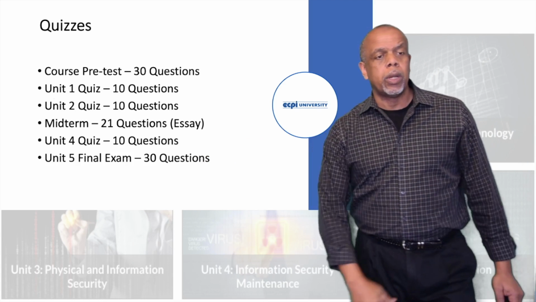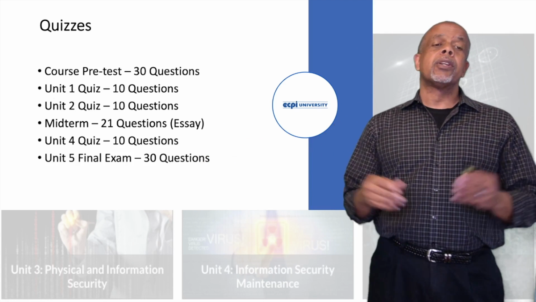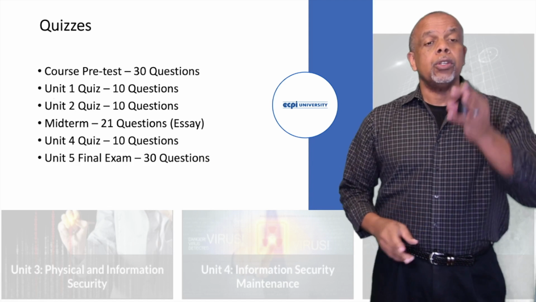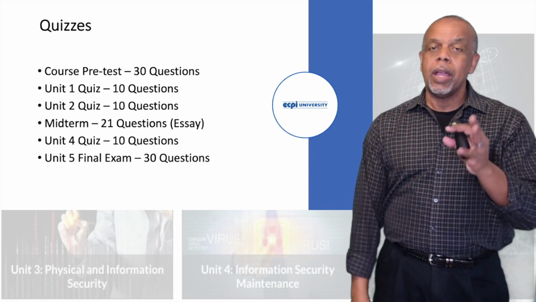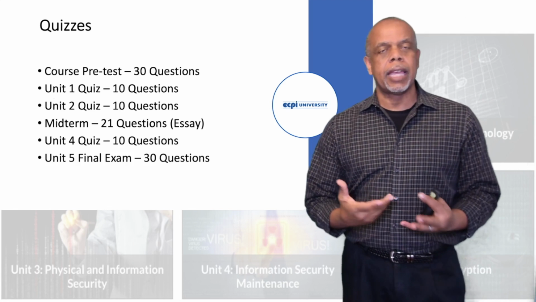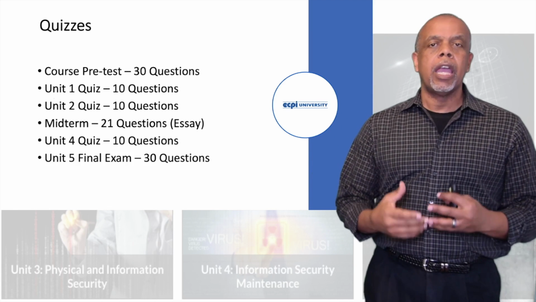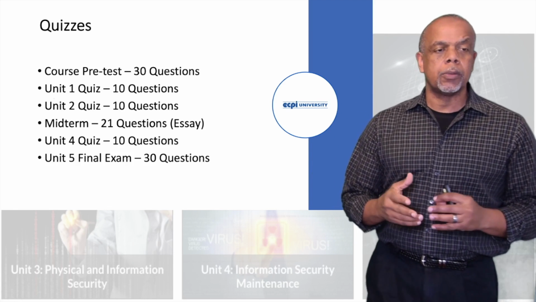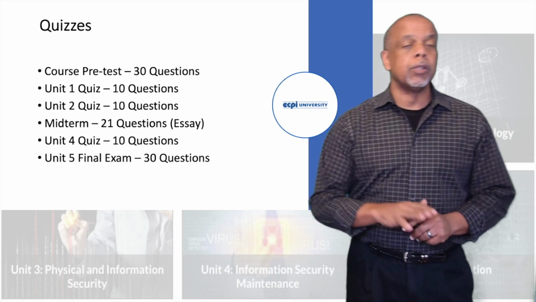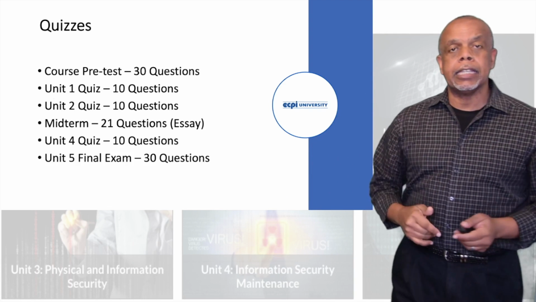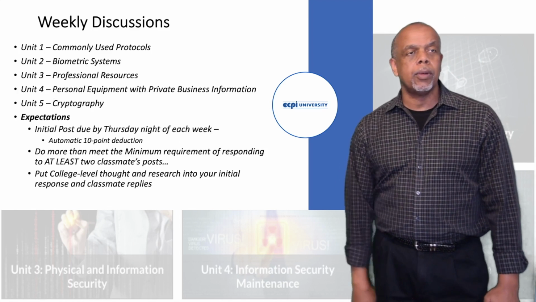Midterm, there's a 21-question midterm, and a lot of that midterm is essay. I know you hate writing essays. I hate grading essays, but it's a necessary evil, and it has to be done. Because one thing with essays, it really helps quantify what you really know about a topic or a subject. Unit 4 is also a quiz, and then Unit 5 is your final exam, which is 30 questions, and it is also multiple choice. So we do have quizzes to take care of.